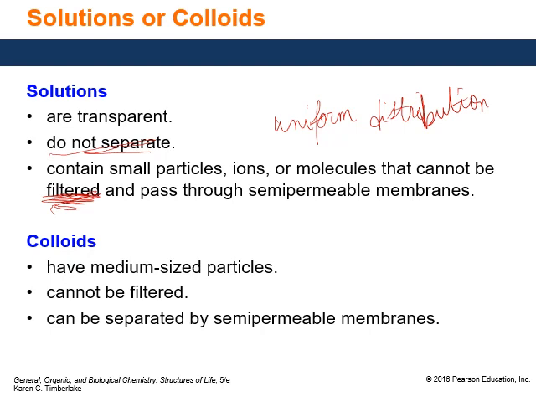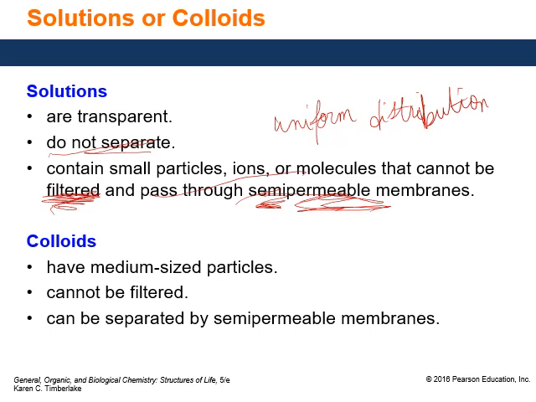Similarly, they cannot be separated by passing them through a semi-permeable membrane. A semi-permeable membrane is simply a membrane that is permeable to a few things. That's why it's called semi-permeable. Permeable essentially means that it would allow some of the molecules to pass through it.